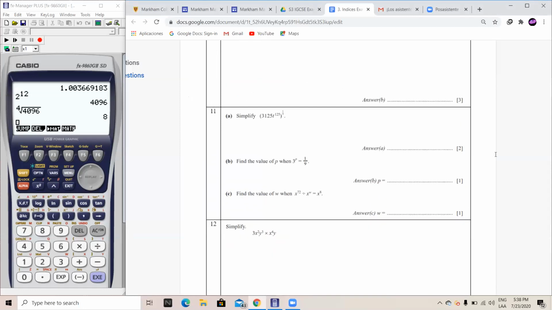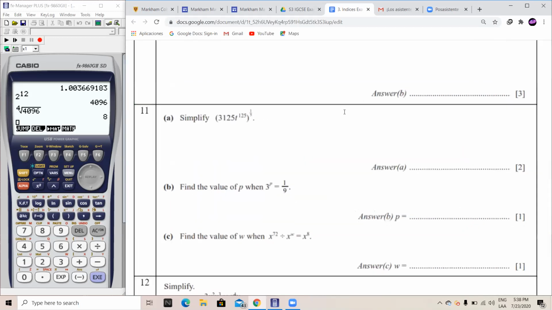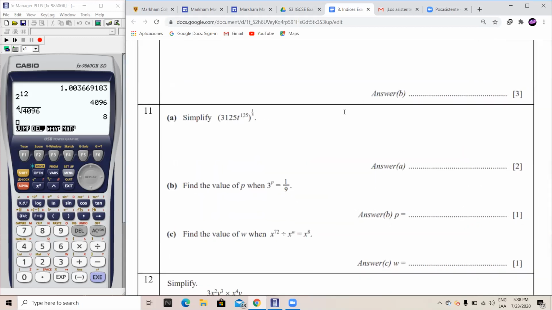Okay, now question 11a. So you have again the brackets, and this means when you have the index 1/5, you have to do a root 5. So this would mean you have to look at the numbers in two ways.